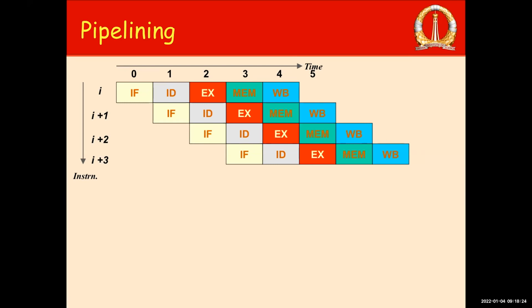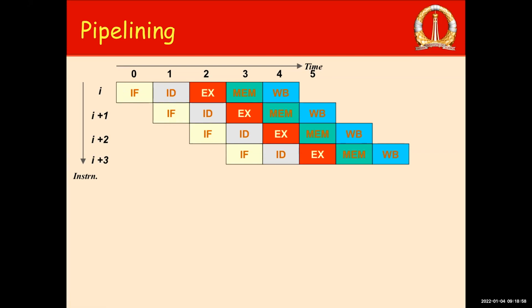Even though each instruction takes 5 cycles to execute, the throughput, or the instructions per cycle, is improved, because in an ideal pipeline you will have one instruction completed after each cycle. You didn't wait for the first instruction's execution to be completely over before you fetched the next instruction. You started fetching the I+1th instruction as soon as the ith instruction fetch was over.